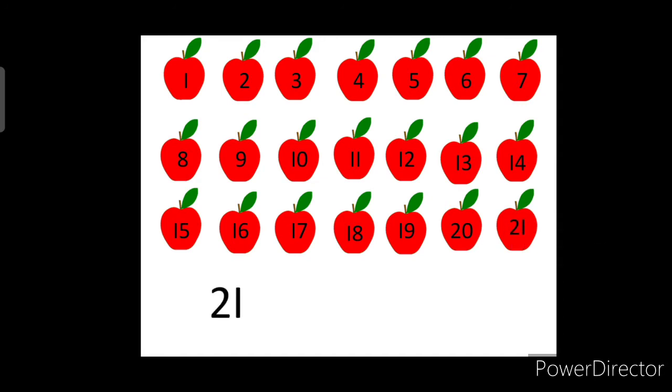So 21 apples, and the number name of 21 is twenty, 20, one, 21.